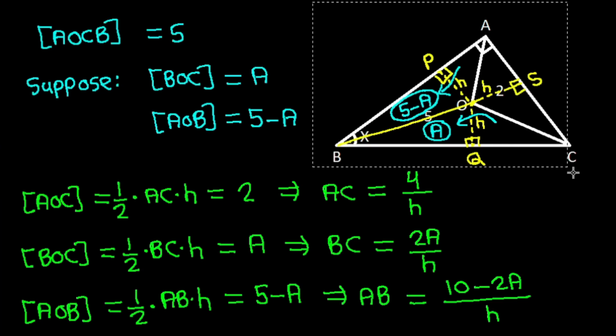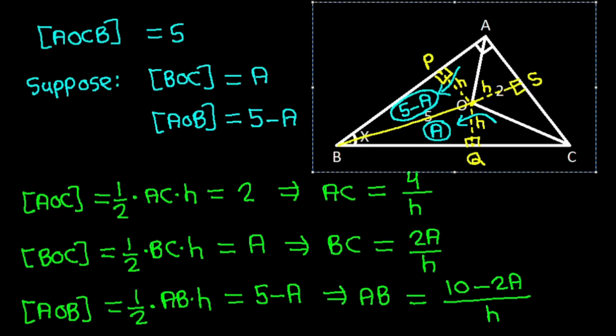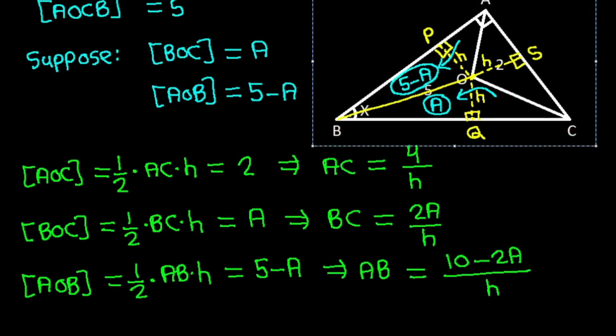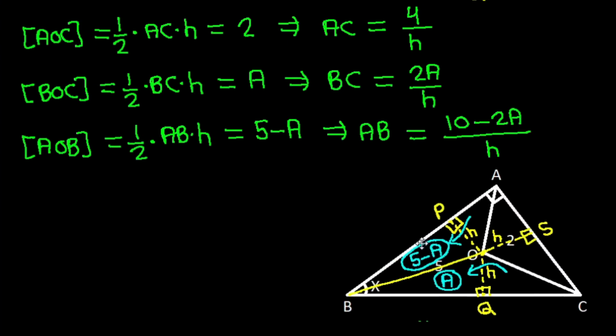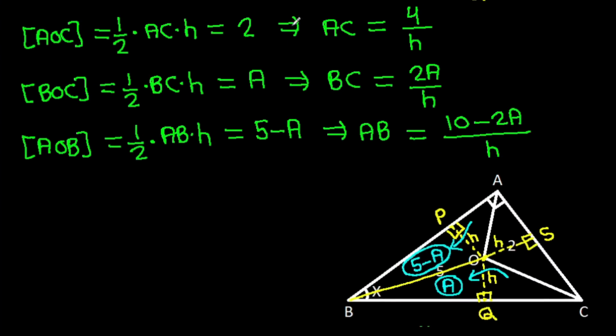Now AB square plus AC square will be BC square by Pythagoras theorem.